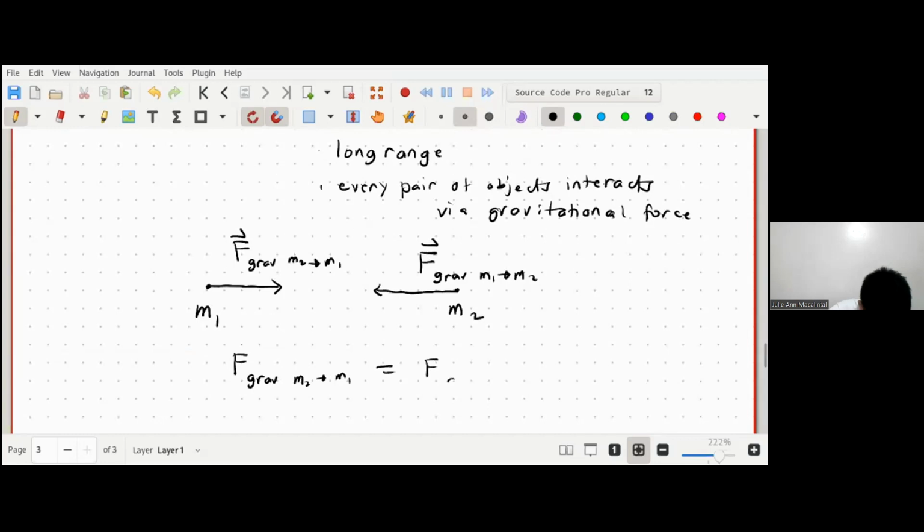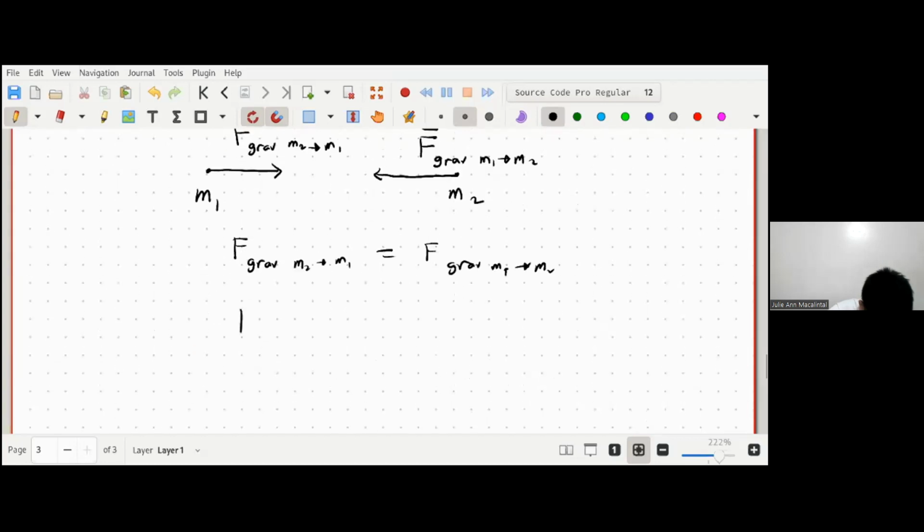Equal magnitudes, pero yung directions opposite. So kung kinonsider na natin sila as vectors, may negative sign dito. So magnitudes the same, opposite in direction.